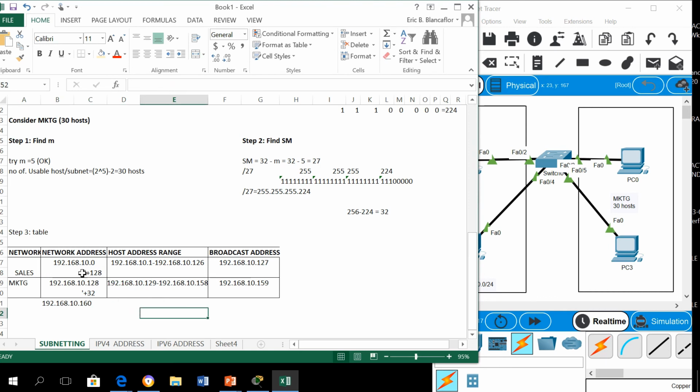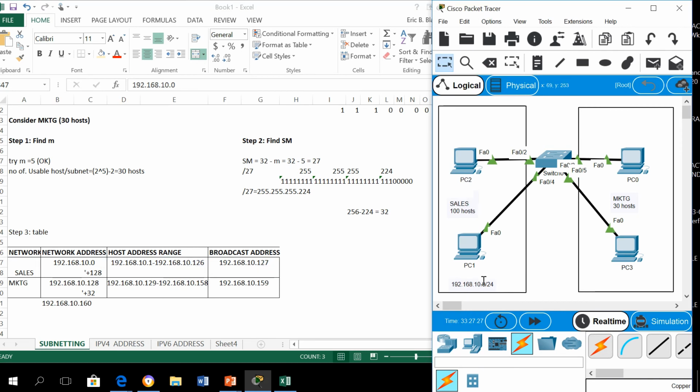So that's it. This is how subnetting is. Okay? I'd like to work on an example here. Let's say for the sales, we use slash 25, right?